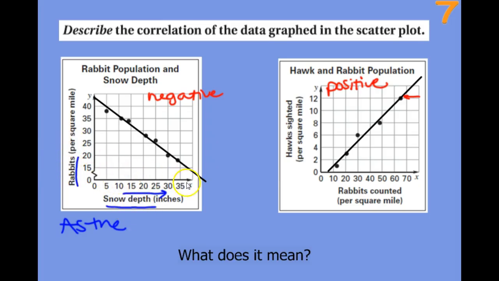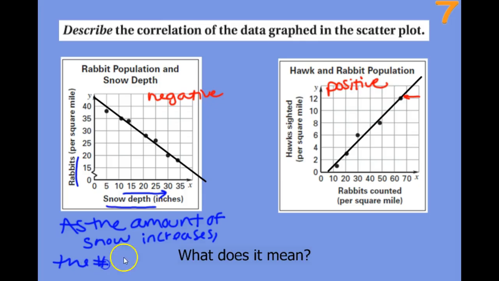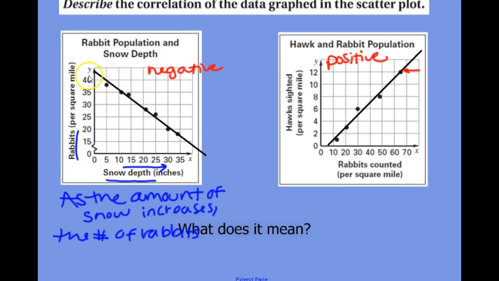If there's a lot of snow, it makes sense that there's not going to be a lot of rabbits because they're not going to be able to survive. So as the amount of snow increases or goes up, the number of rabbits, well, what happens? As the snow gets deeper, the number of rabbits is going down or decreases.